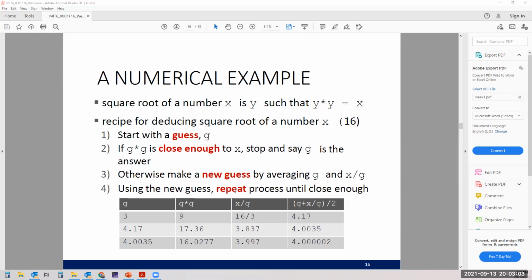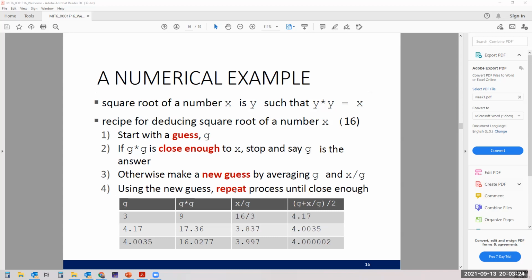Assume the question says find the square root, and your guess should put us at least 3 decimal places plus or minus from the number 16.